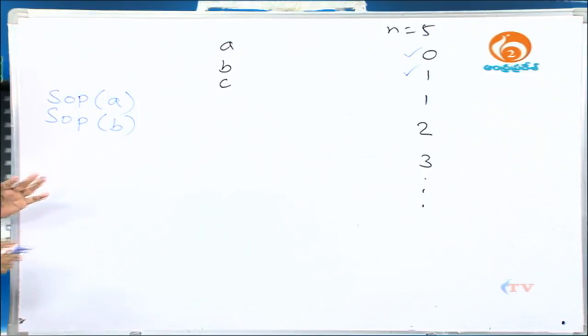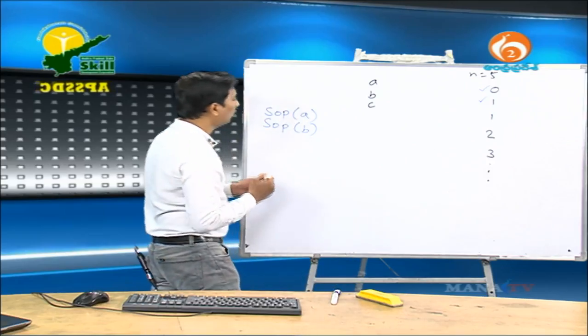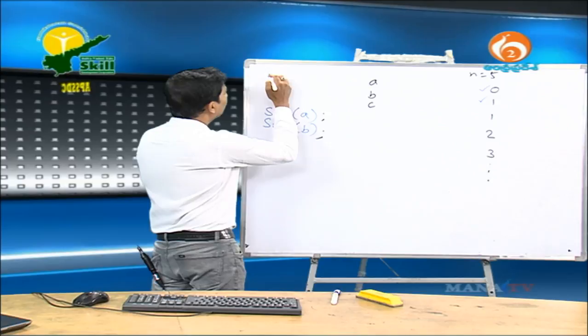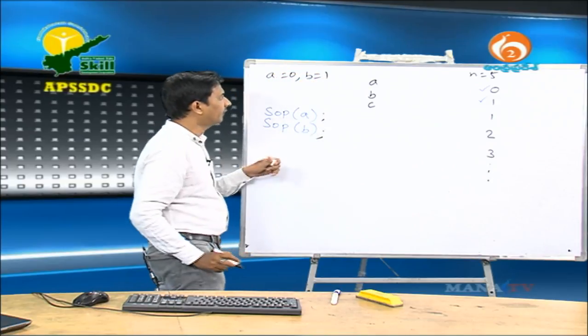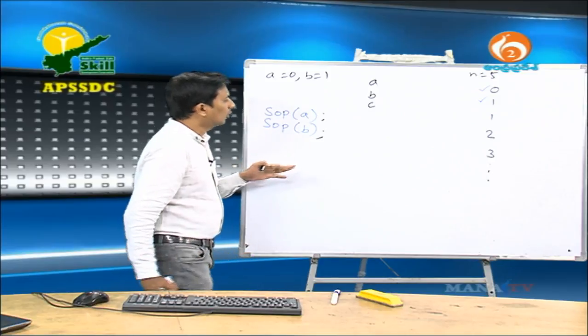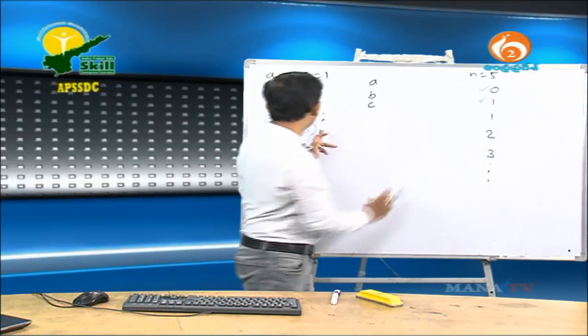There is no confusion here, because a equal to 0, b equal to 1 we already defined. So we displayed here 0 1.